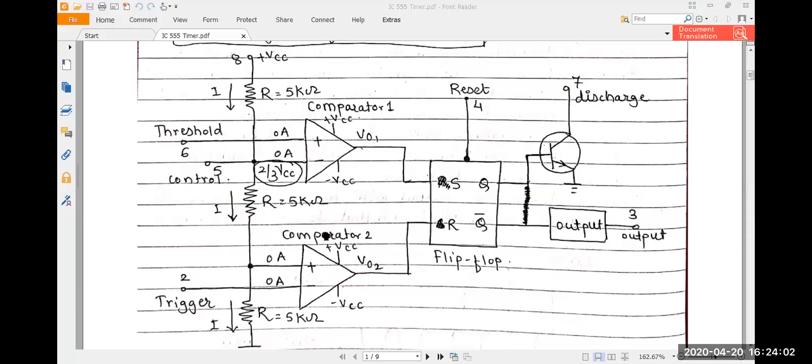Now what are the inputs to the comparator? If you see comparator 1, we have a control input which is applied to the inverting terminal of comparator 1, which is pin number 5, and the other input to it is a threshold input.